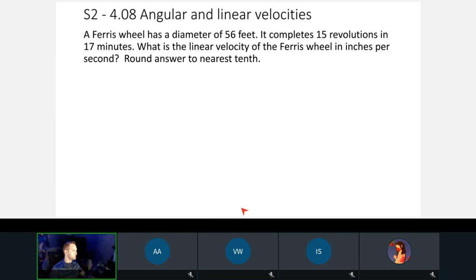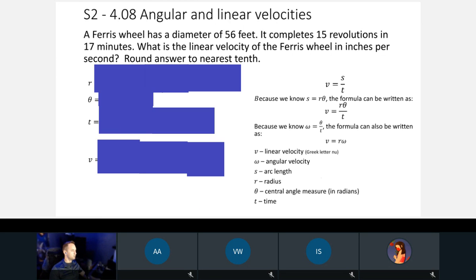Okay, so just like last problem, we need some information. That's what we're going to use, this stuff here. So start off by writing down what we know.